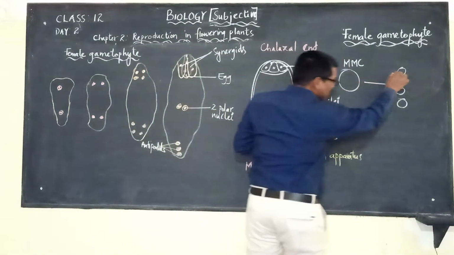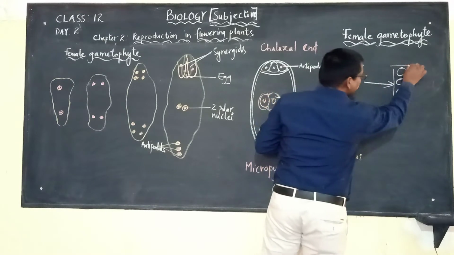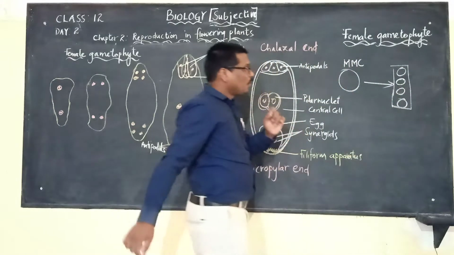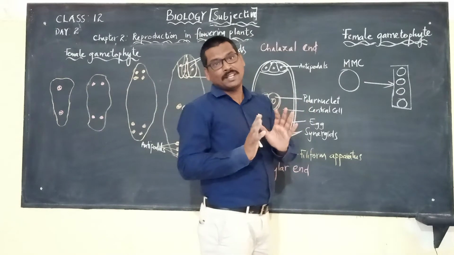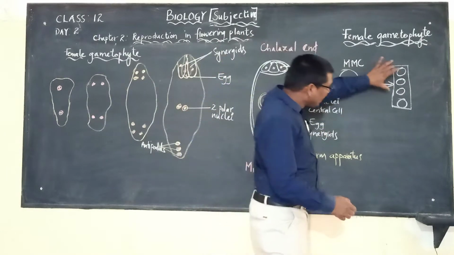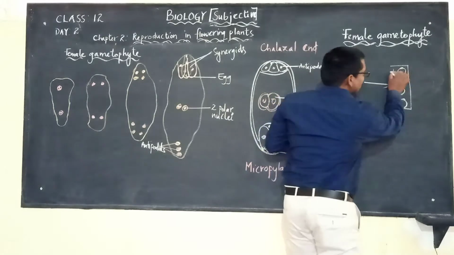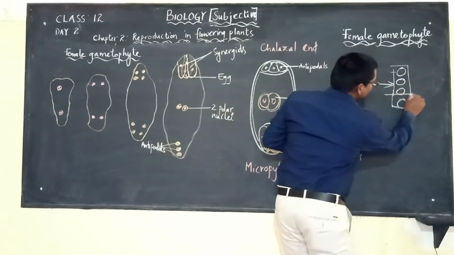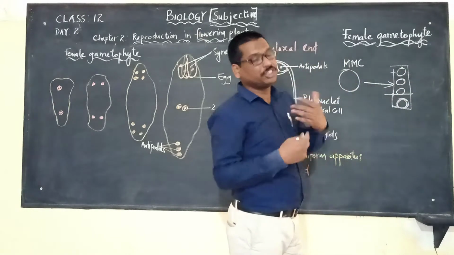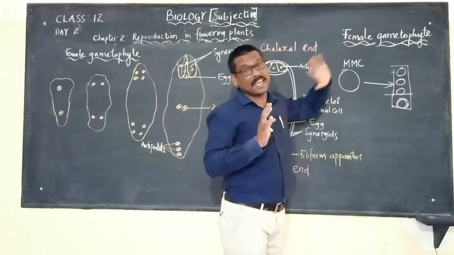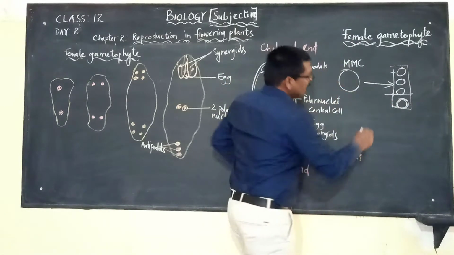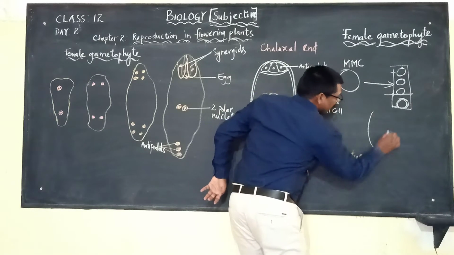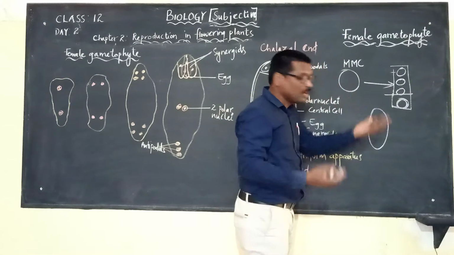From these 4 megaspores, in the majority of flowering plants, 3 will be degenerating, and only 1 will mature into a female gametophyte, which will be called the embryosac.